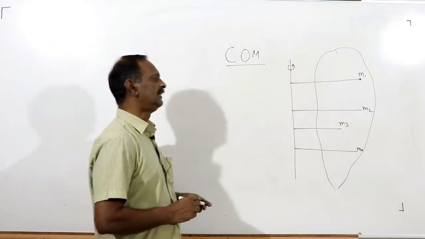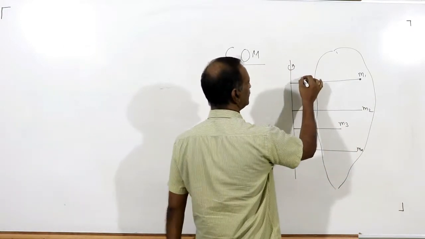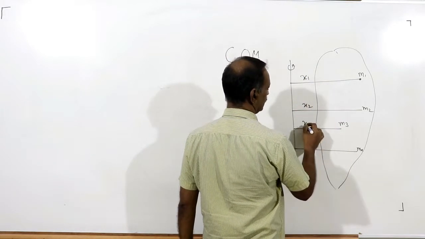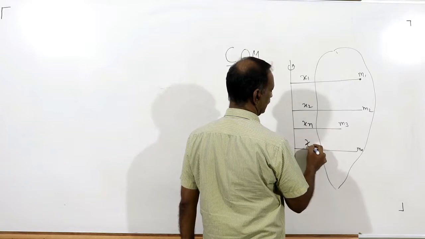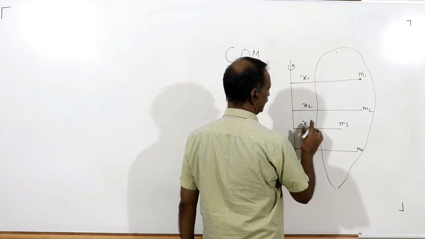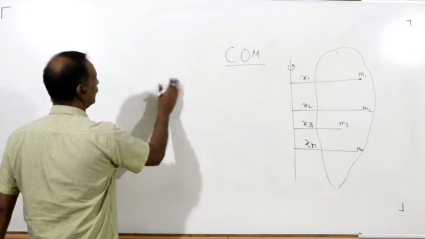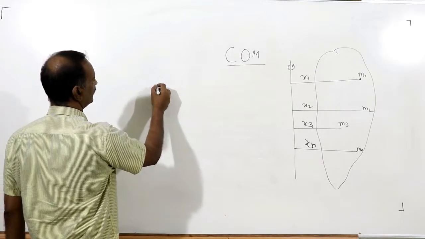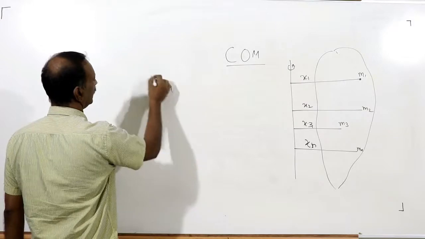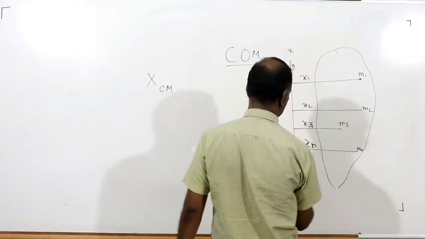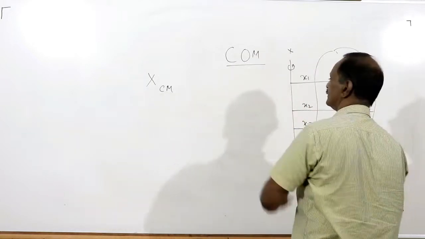For simplicity we have taken three particles which are at distances of x1, x2, x3 and xn. So center of mass about the x-axis means the body is rotating about the x-axis at some distance.